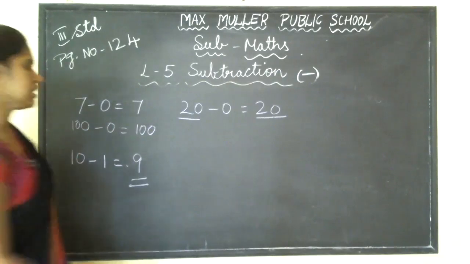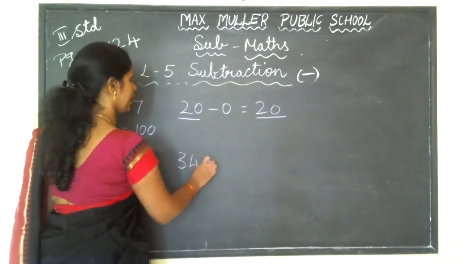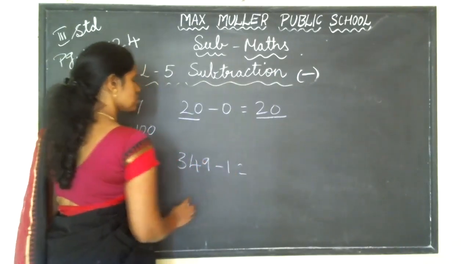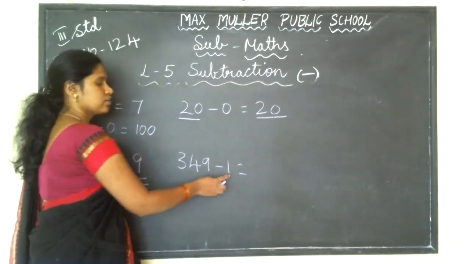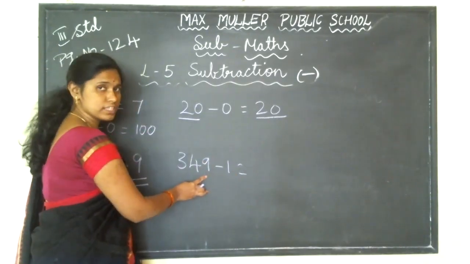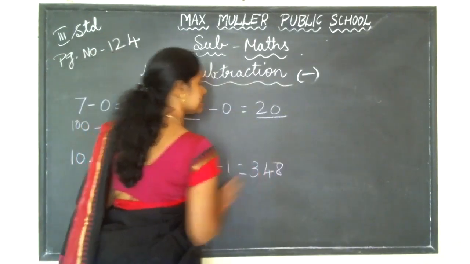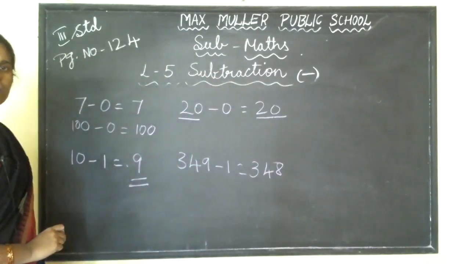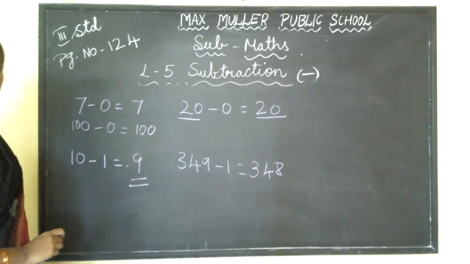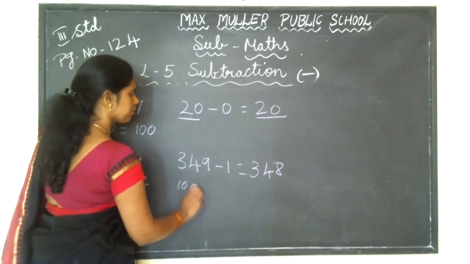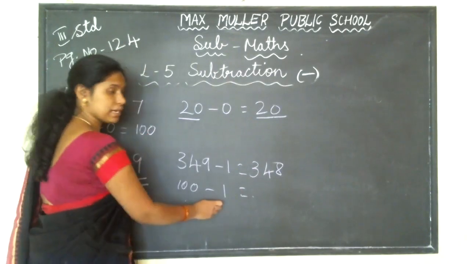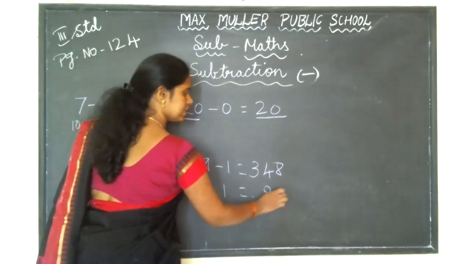For example, 349 minus 1. Which number will you get? If you minus 1, you will get 348. Understood? 100 minus 1, 99.